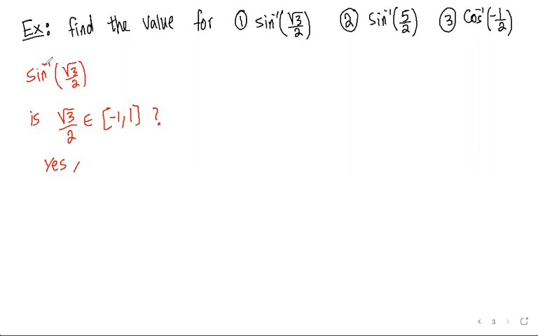This means I can find the sine inverse of this value, because it belongs to the domain. So the first step is to check whether the value is between negative 1 and 1. If yes, I can find the value.